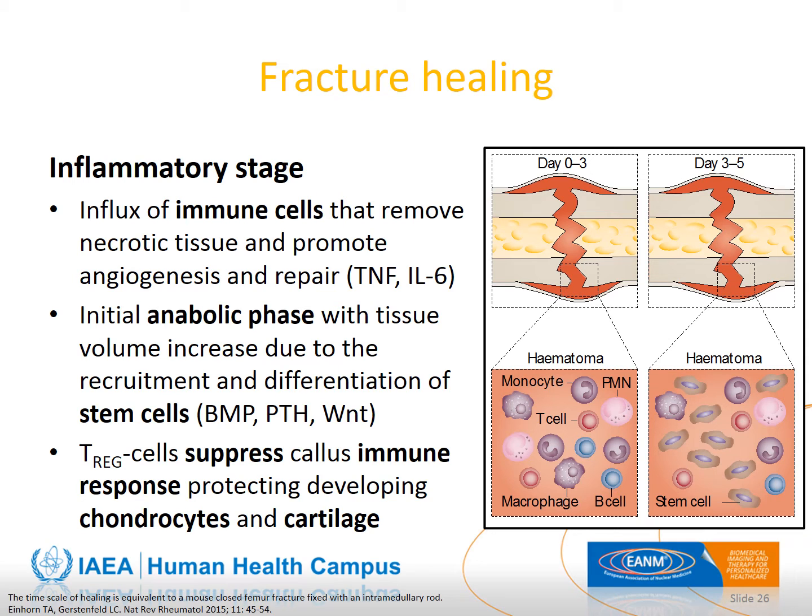This inflammatory phase is anabolic with a net increase in tissue volume due to the recruitment and differentiation of stem cells regulated by BMP, PTH and Wnt. Interestingly, T regulator cells will induce an immune suppressed state that will protect the newly formed callus, developing chondrocytes and cartilage from destruction.